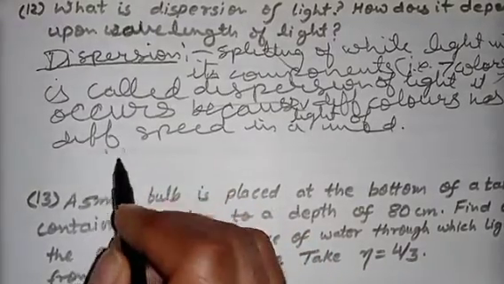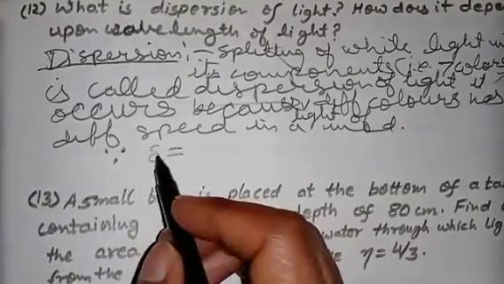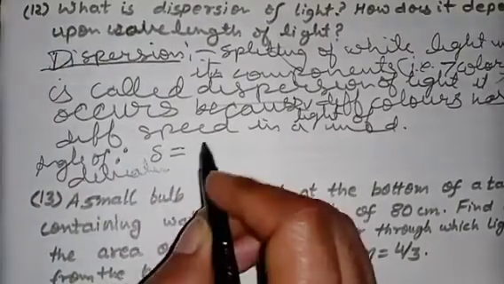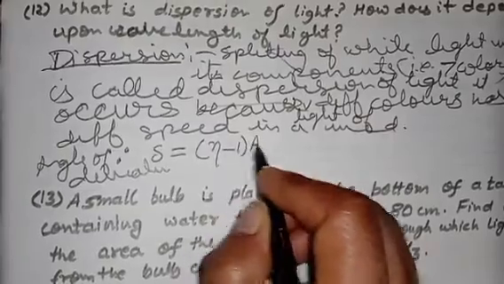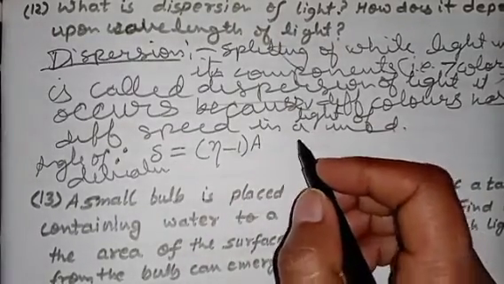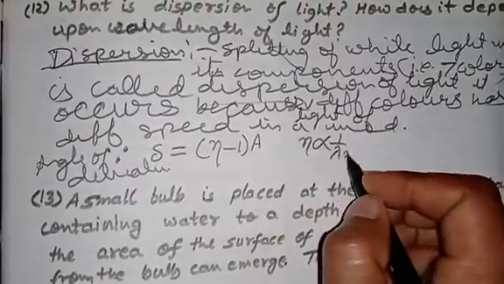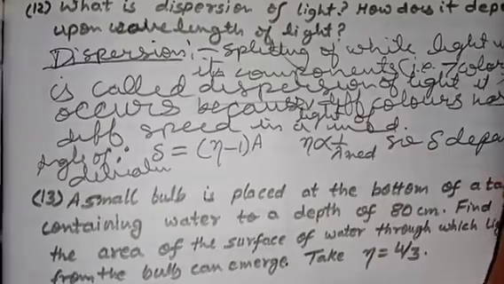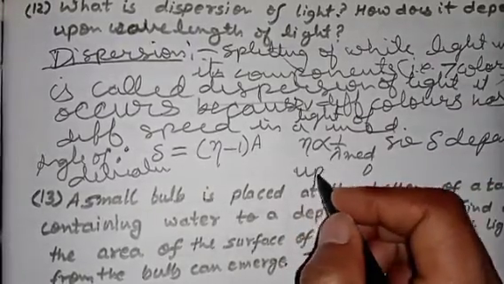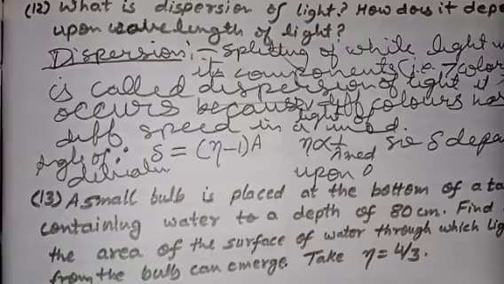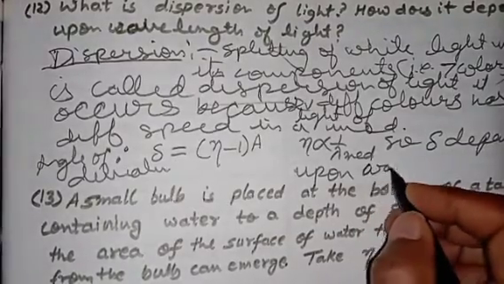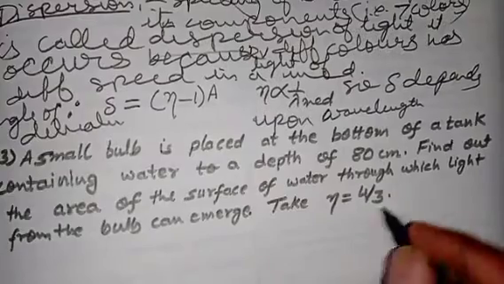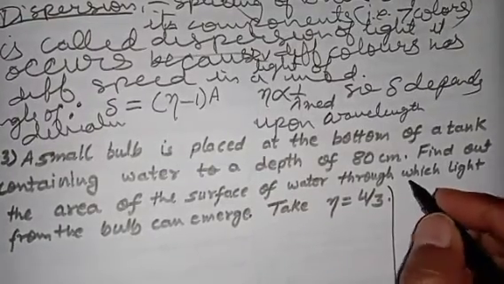We know that delta, the angle of deviation of a prism, is equal to eta minus 1 into A, and eta is inversely proportional to lambda in a medium. So delta depends upon wavelength. The rest of the answer I'm writing here in such a way.